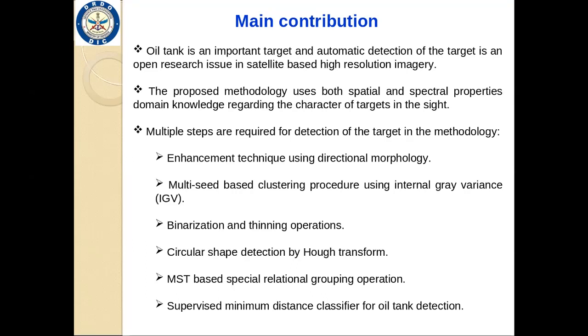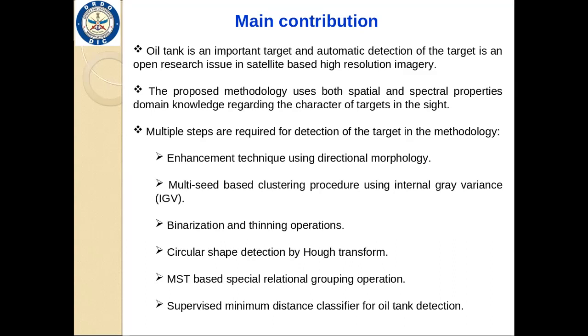Its beauty is that for the particular target I am looking for, I extract the structuring element, and using this enhancement technique I enhance that object and the rest of the objects are depressed. So for me, it is very easy to get a segmented result.